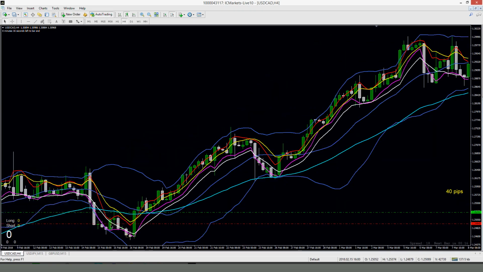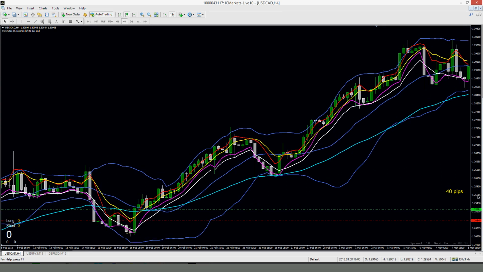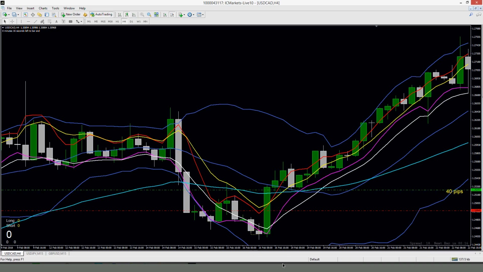Another thing is that after the re-entry at H4, there is no momentum at this point. That's another giveaway that tells you the market might change. Right now there is no momentum at low BB after the re-entry, and that's one of the first indications of market reversal.